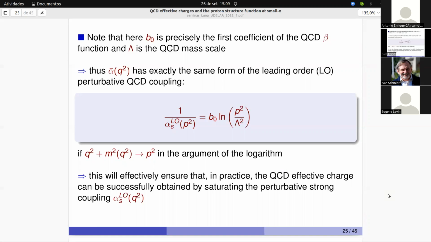The only difference is this change here; if I take my expression for the effective charge and do this kind of transformation, we obtain exactly the behavior of the leading order coupling predicted by perturbative QCD.